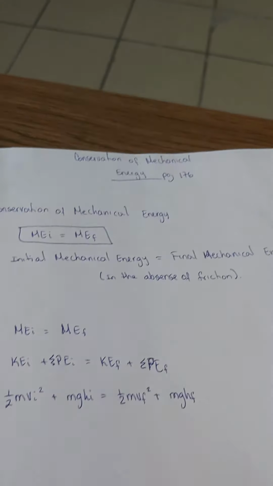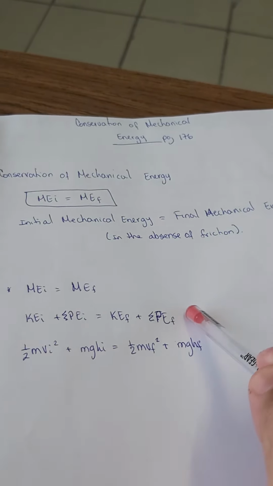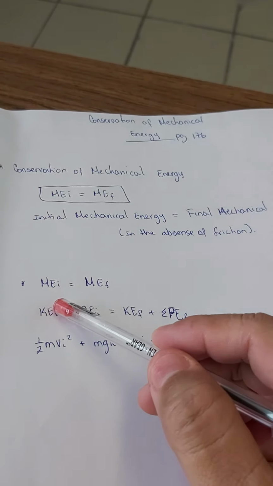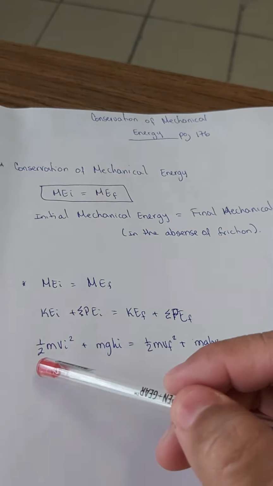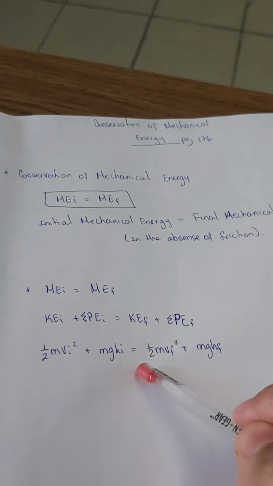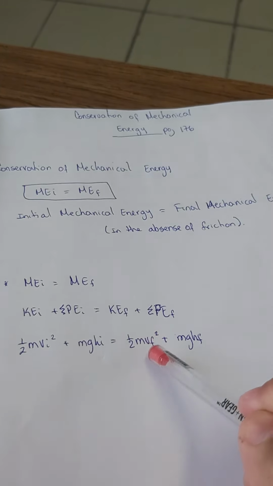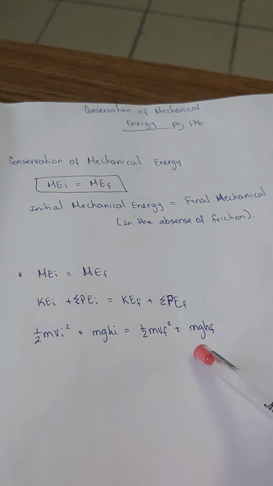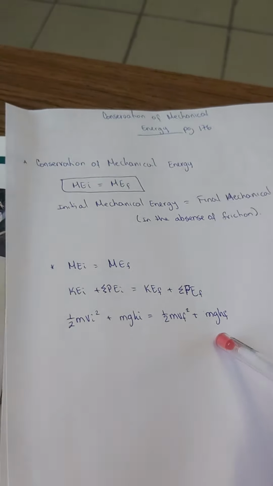So again, initial mechanical energy is equal to the initial kinetic energy plus the summatory of the initial potential energy, equals final kinetic energy plus the summatory of the final potential energy. So initial kinetic energy is equal to 1/2 mass times initial velocity squared, plus potential energy, mass times gravity times initial height, equals 1/2 mass times final velocity squared plus mass times gravity times final height.